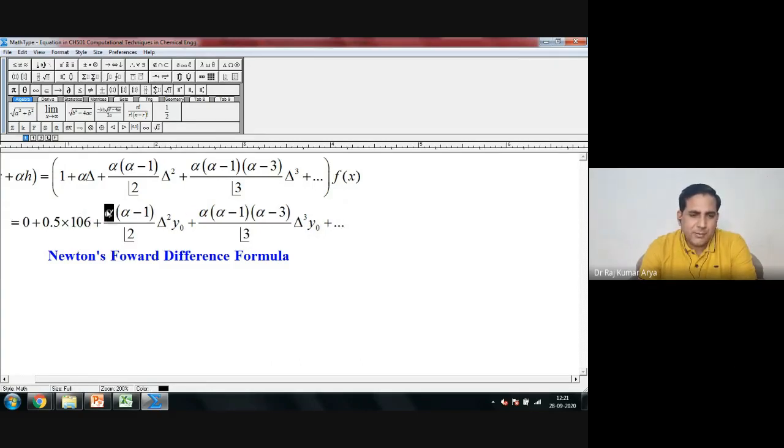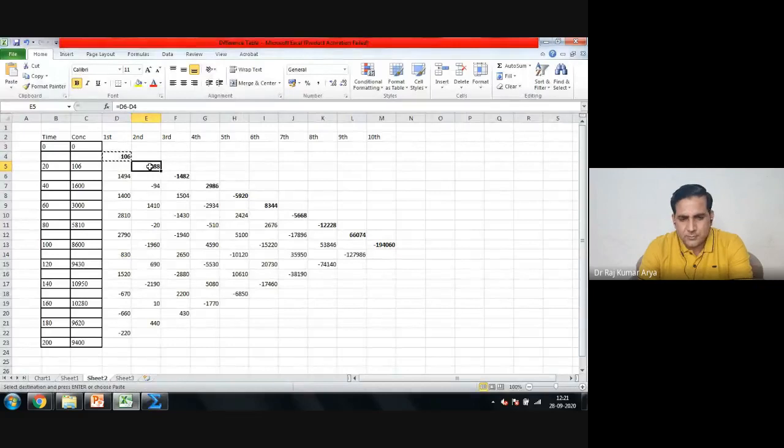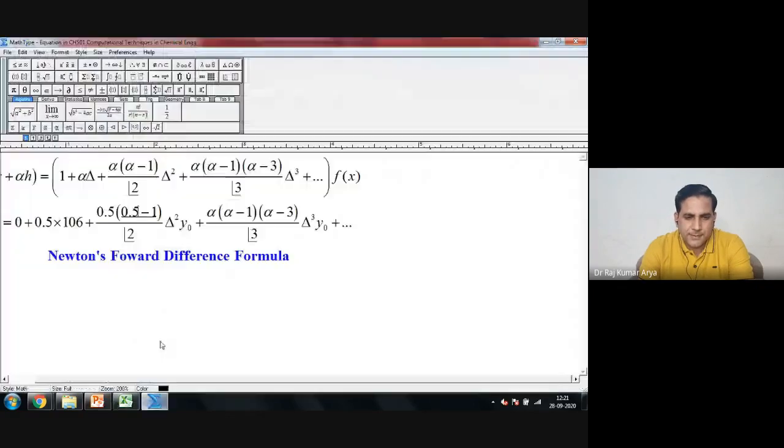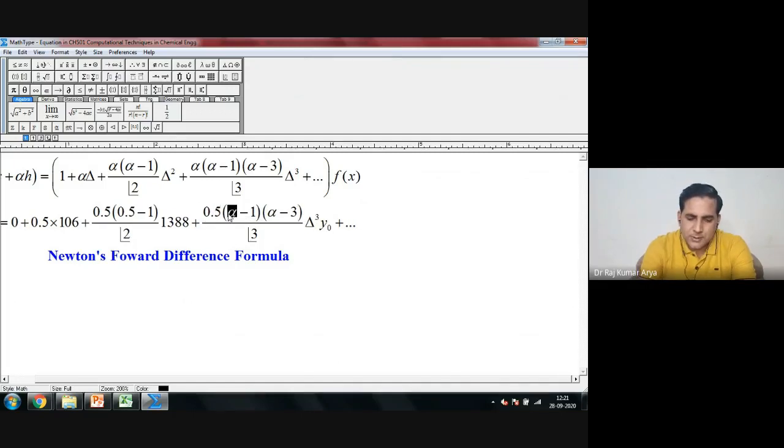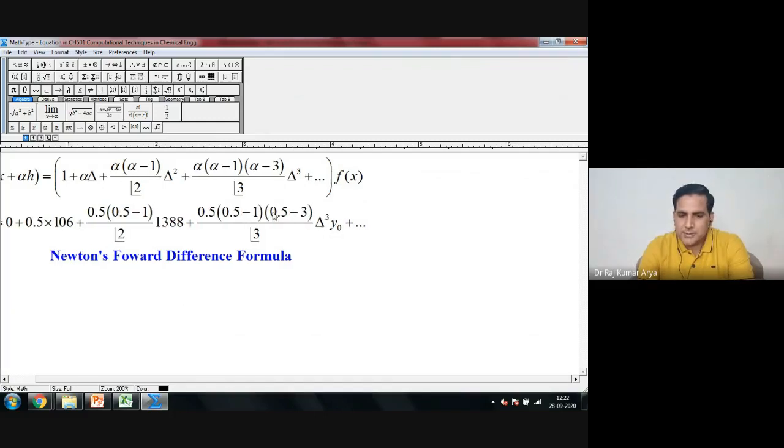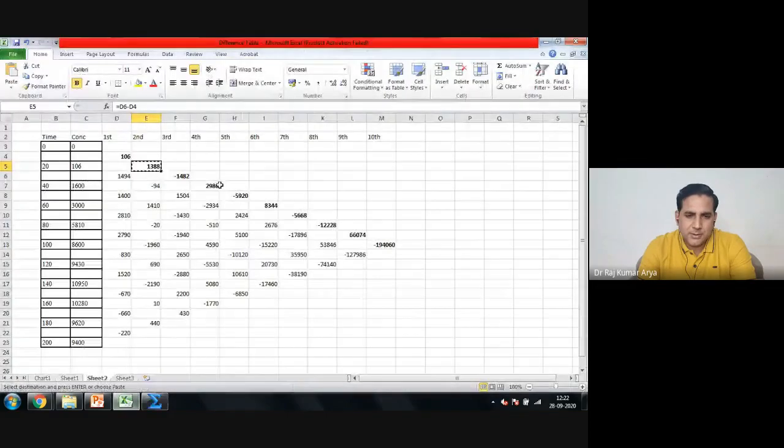Then you have alpha 0.5, then 0.5 minus 1, with factorial 2. Then you have delta square y naught, this 1, 3 here, so substitute that value. Then again 0.5, 0.5 minus 1, 0.5 minus 3 (sic), and this value is this one.